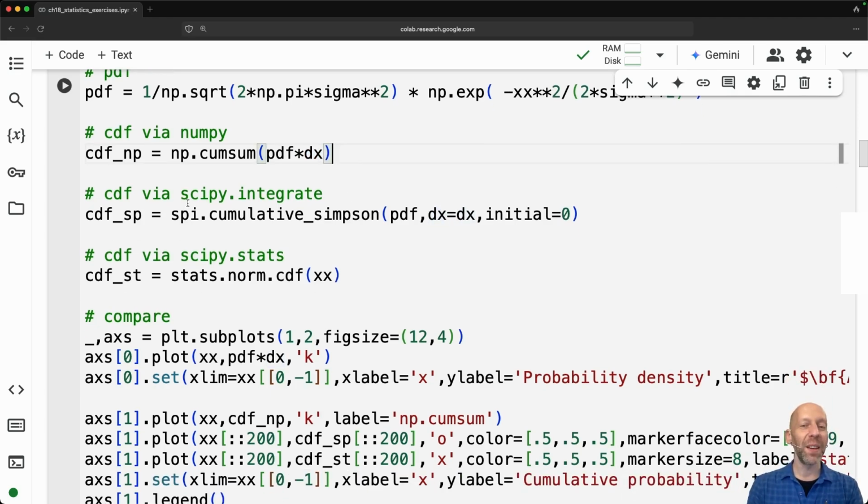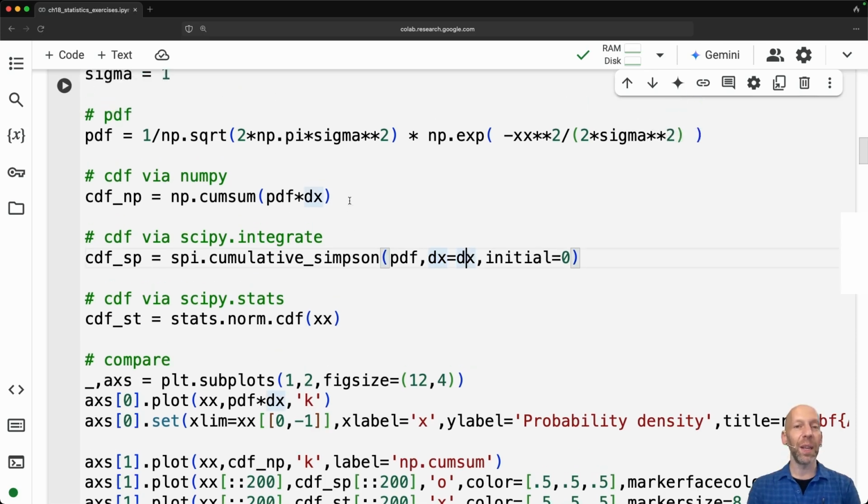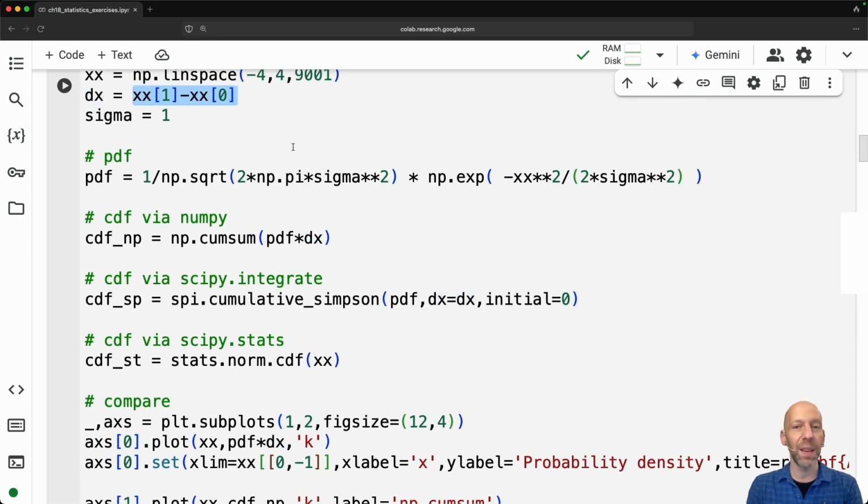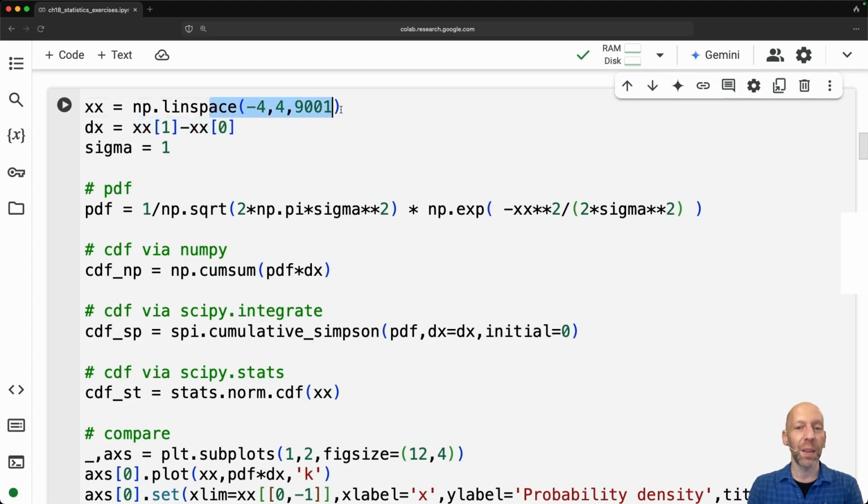Okay, and then here I have the CDF calculated by the cumulative Simpson function in the SciPy integrate library. And you can see I'm calculating this based on the PDF, setting dx, the parameter input into the cumulative Simpson function, to be the value of dx, that is just the difference between successive x-axis values that I have simulated here.